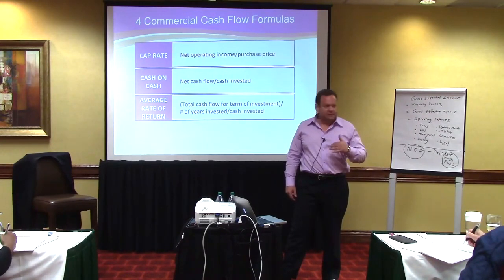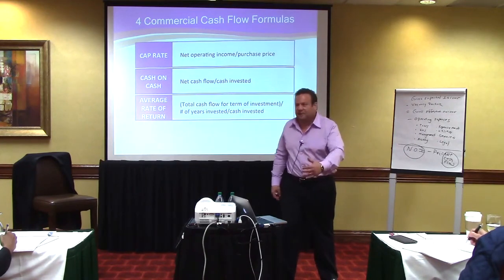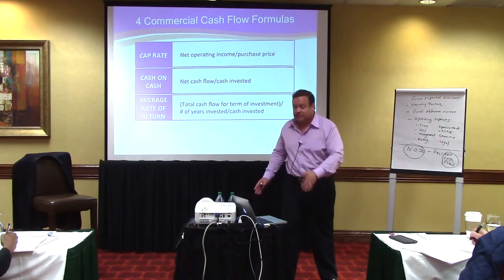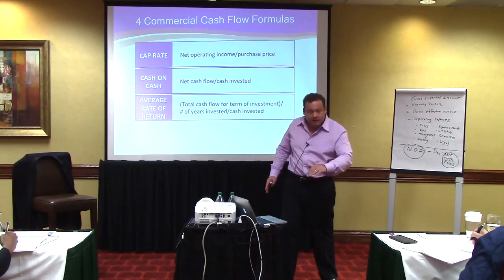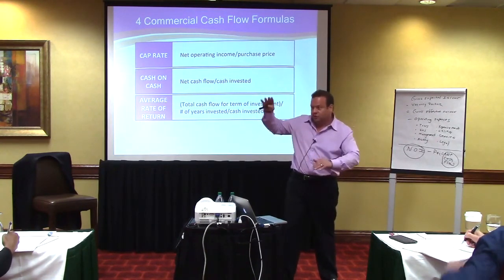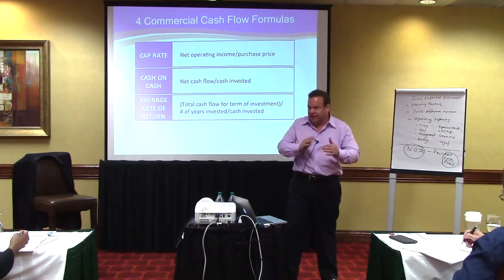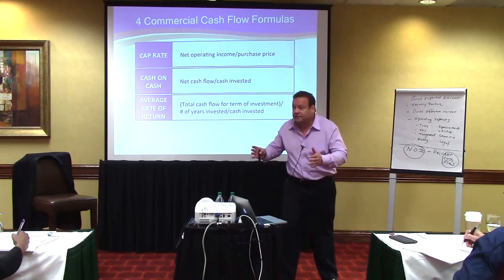But if your plan is, I'm going to turn this thing around, get a certain amount of cash flow for 5 years, then sell it and get a chunk of cash at the back end, because I'm paying down the mortgage, building equity, it's appreciating, and I got the thing performing better so it's worth more, then you're going to get a certain amount of cash flow each year, which is your cash on cash return, and at the end you get a chunk.